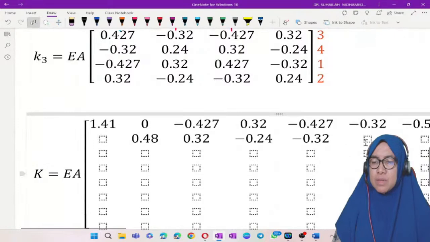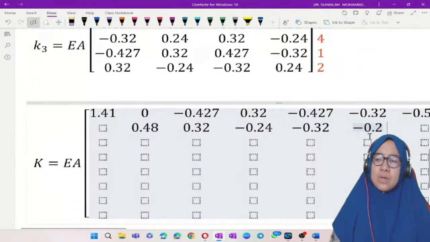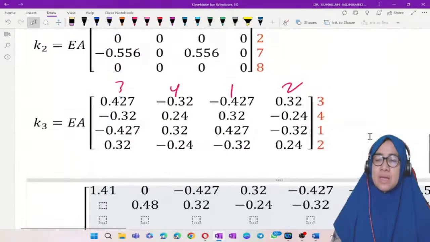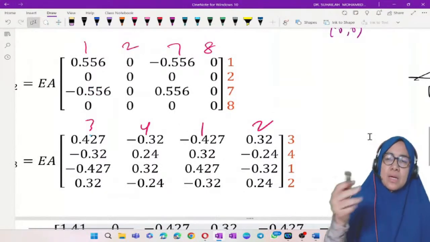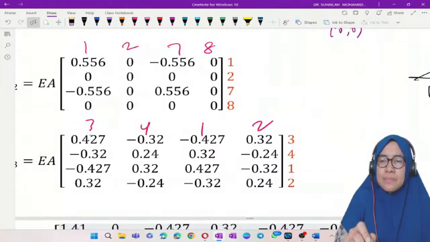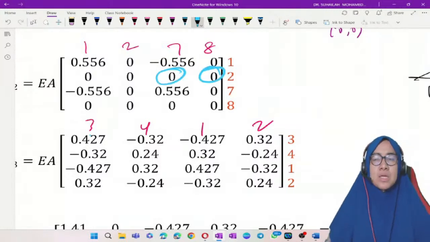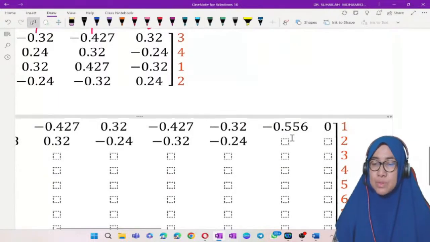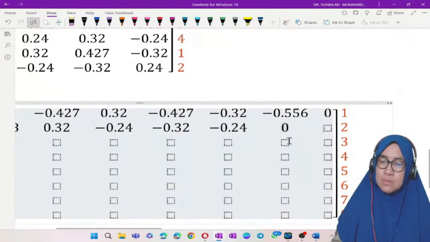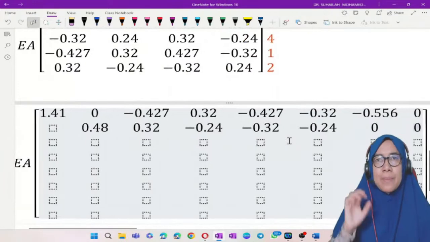Next is 2,7 and 2,8, which are 0, 0. Okay, so that is for line number 2.